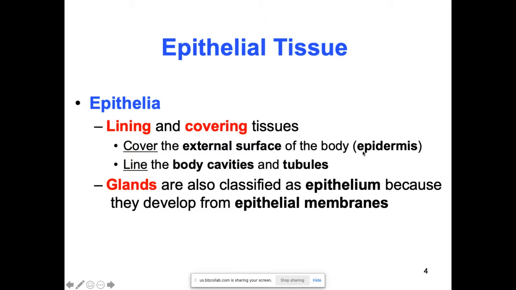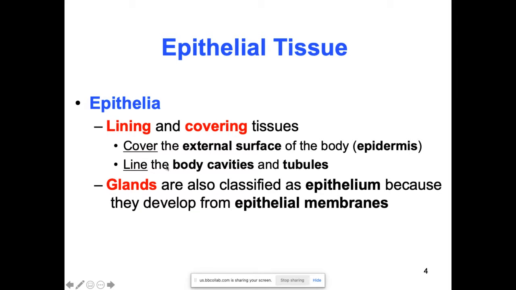That word, epi, means above. And dermis, you know, is skin. So there's a dermal layer, which is deeper, and then there's the epidermis, which is more superficial. So the epidermis is epithelium. It's going to cover the external surface of the body.